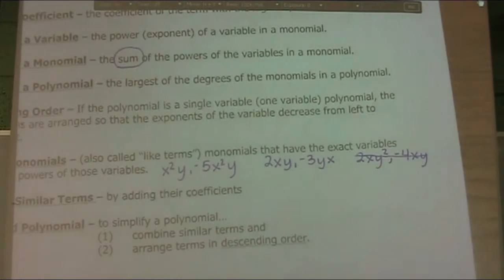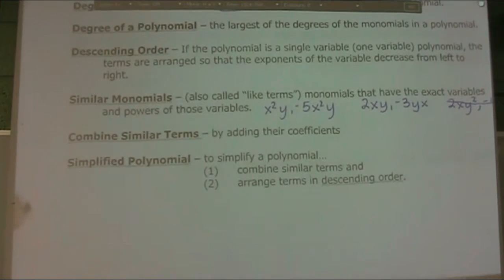So I'm going to cross them out. All right, back to the vocabulary. Combining similar terms or combining like terms. And the way we do this, you know how to do this. We're simply going to add together the coefficients. The variables and the powers of those variables do not change.